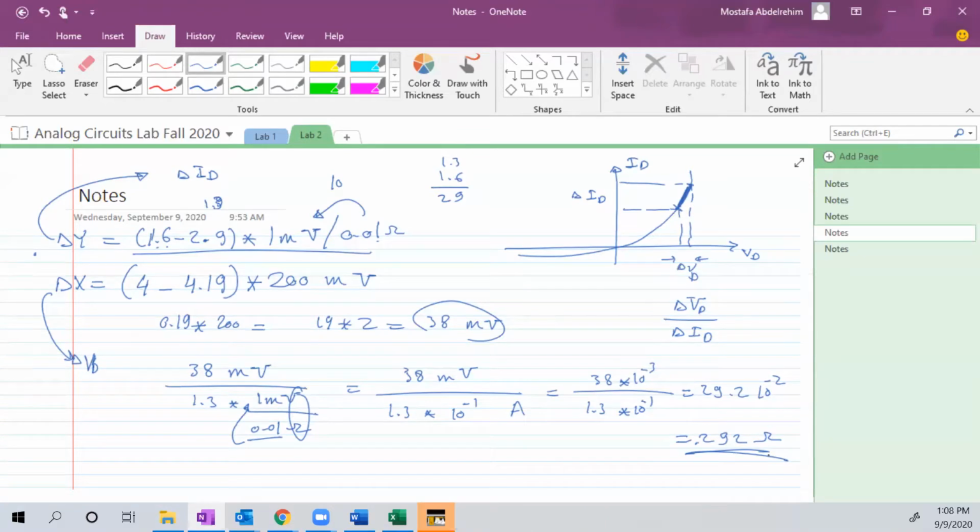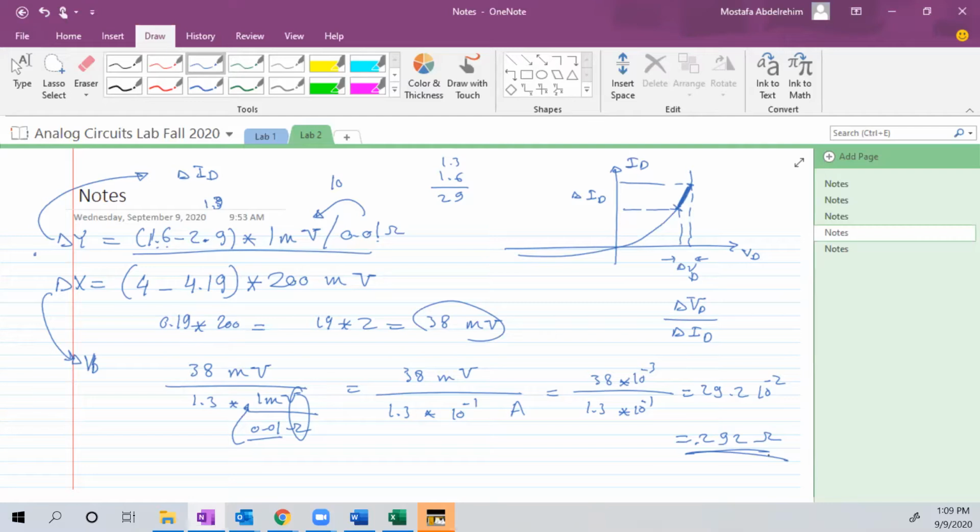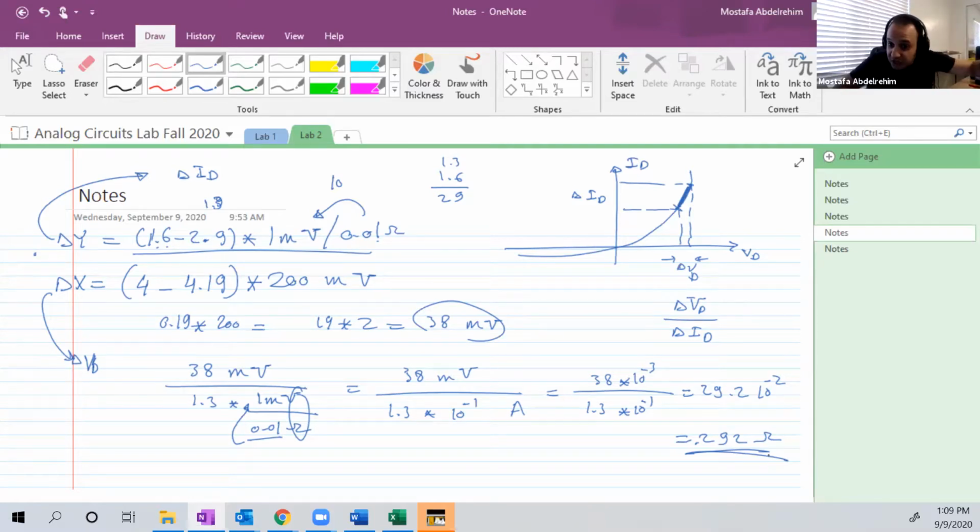Why is the change in Y the only part that gets divided by the resistor? Yes. And you know why, right? Is it because it's the current? It is, yes, we wanted to change it from voltage to current.